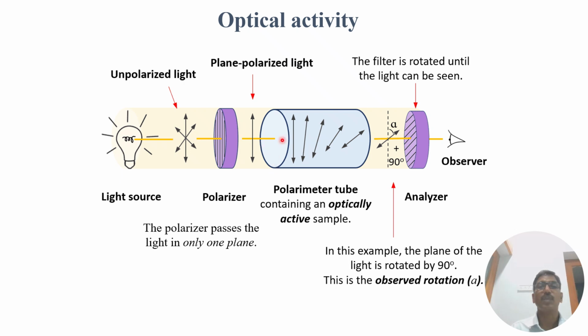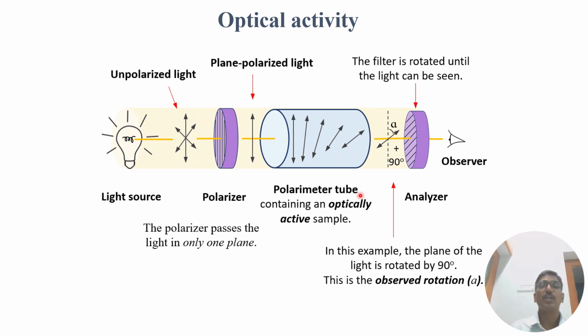This polarizer passes the light in only one plane. That's what you are seeing here, and make sure that the polarimeter tube contains the optically active sample. If it is found to be optically active, then it would rotate the plane polarized light in either a clockwise or anti-clockwise direction.